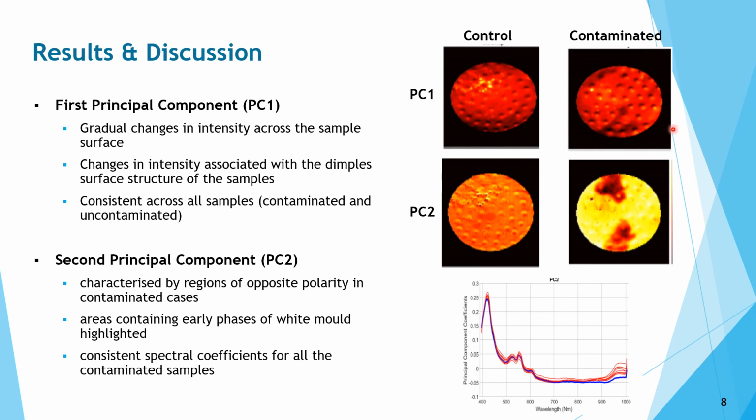Here we can see an overlay of the spectrum, effectively the loadings associated with the second principal component for all the contaminated samples, and we get a considerable overlay between their spectral representations. Similarly, going through all the score images associated with the second component, we would observe patches representative of the contaminated regions on our samples.